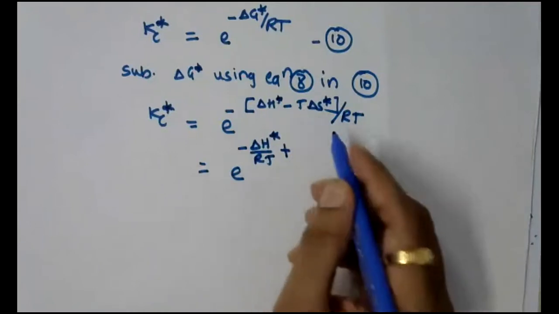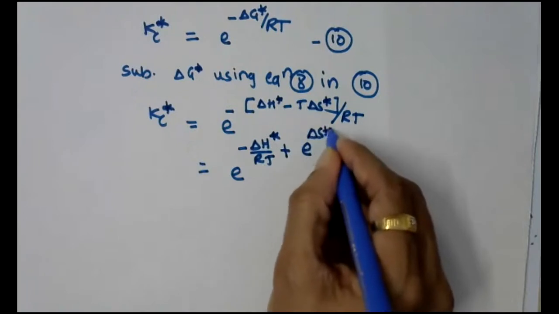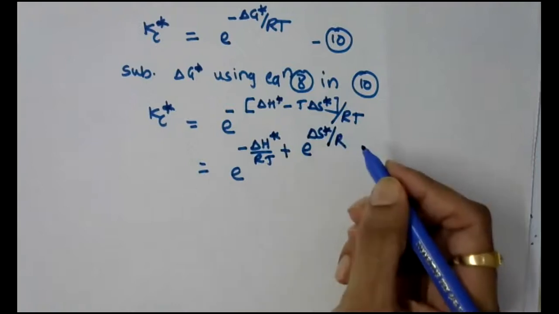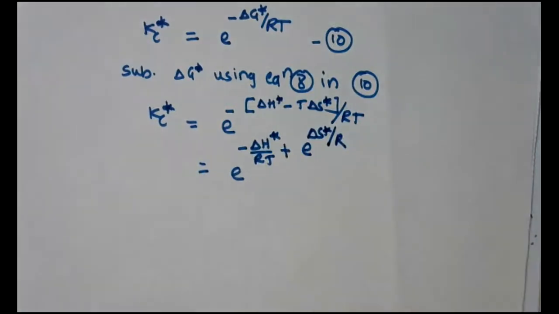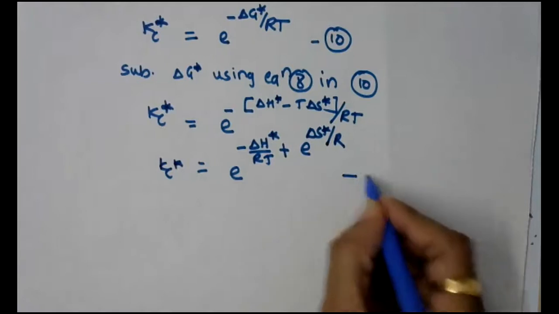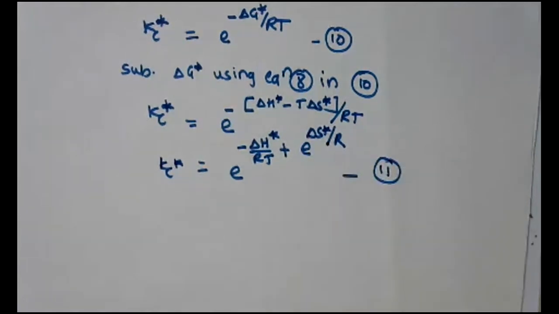Now one T will get cancelled, and e raised to delta S star upon R. Now this Kc star, I will write this equation as equation 11.